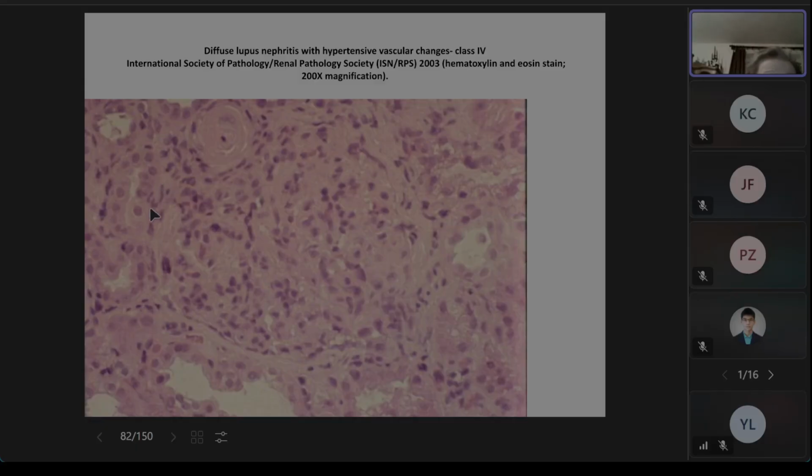You can see the shape of the glomerulus, the shape of the Bowman's capsule, but inside you almost can't see the lumen of the capillaries.